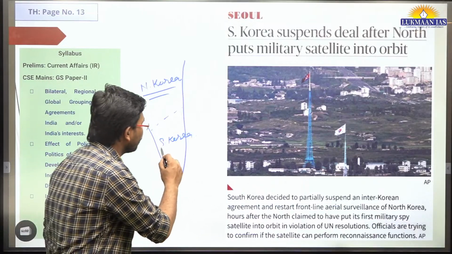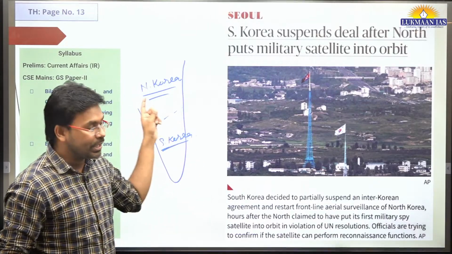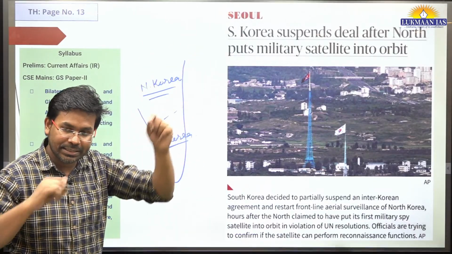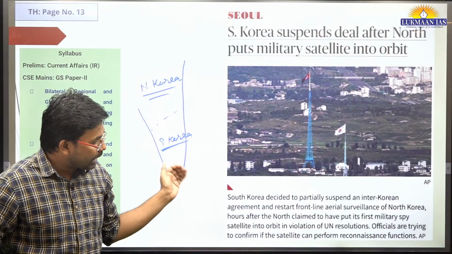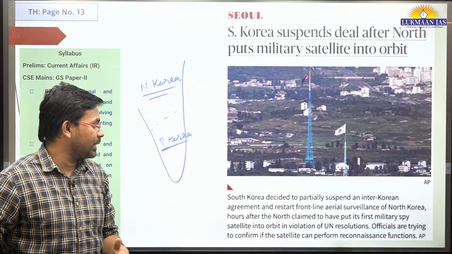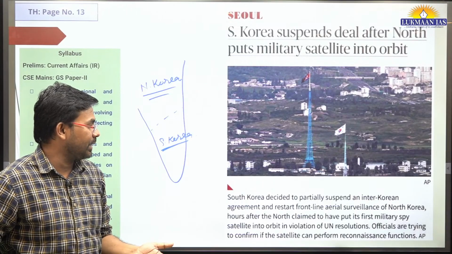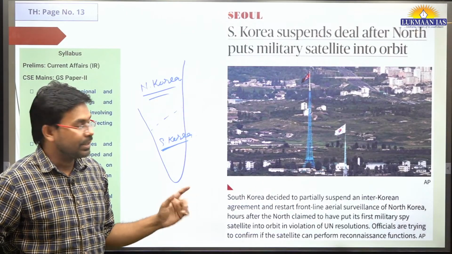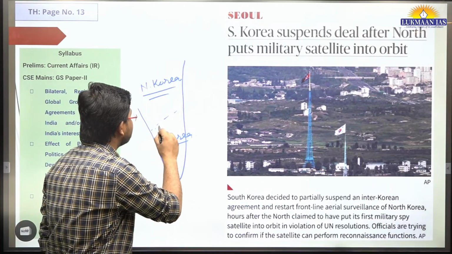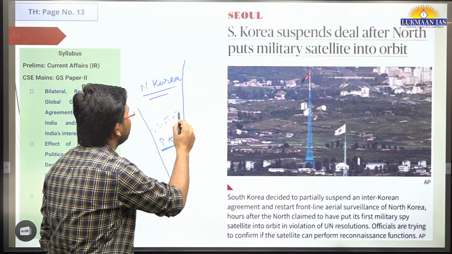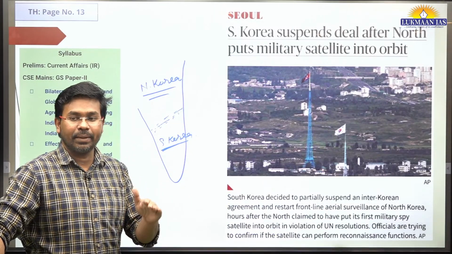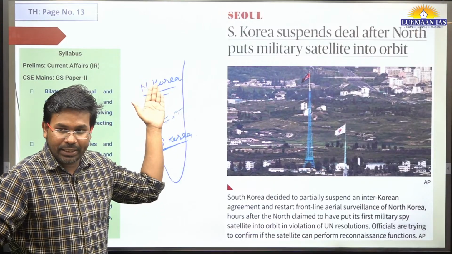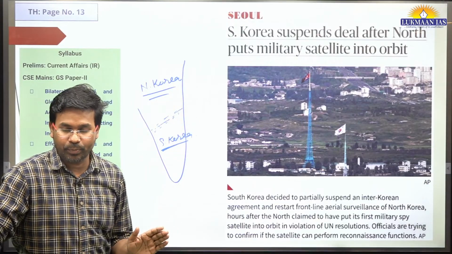That's why South Korea and North Korea had earlier signed a treaty that we are not going to spy on one another. So South Korea has come out of that particular treaty, and now South Korea will deploy its army personnel in the demilitarized zone to check any unwarranted activity in the demilitarized zone.